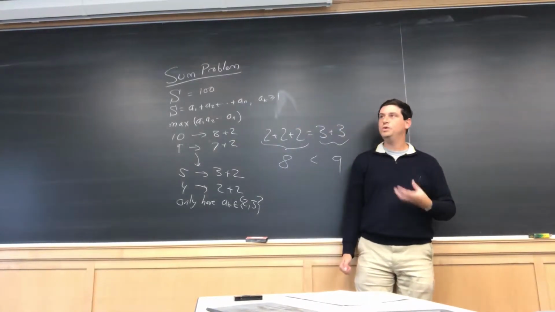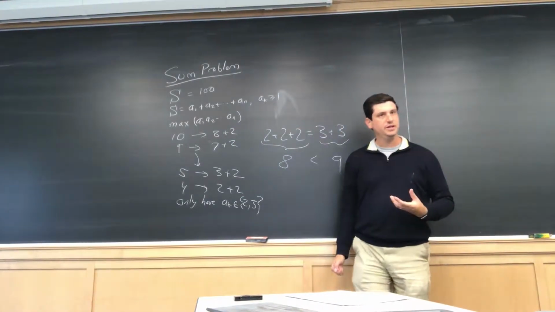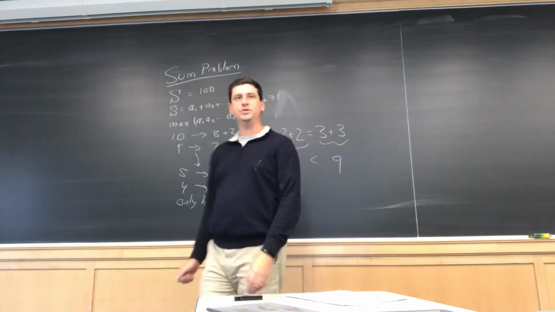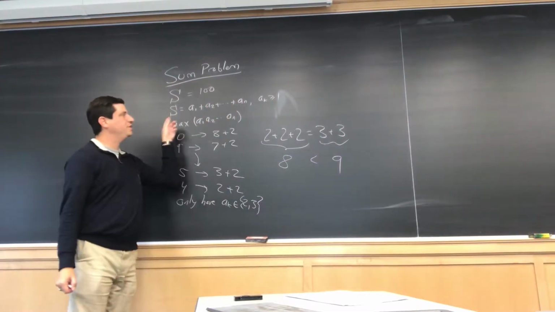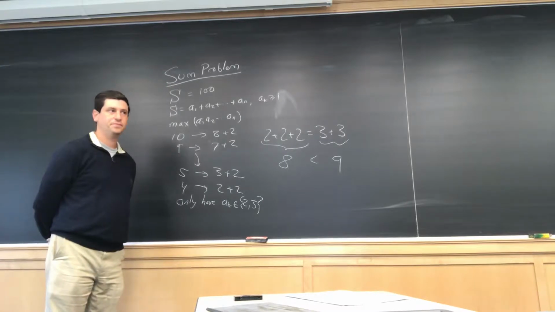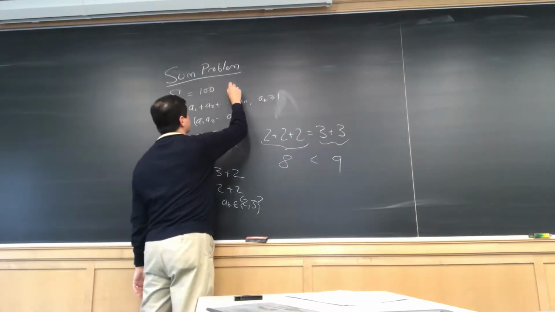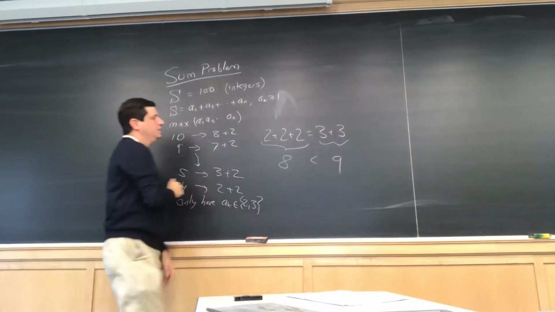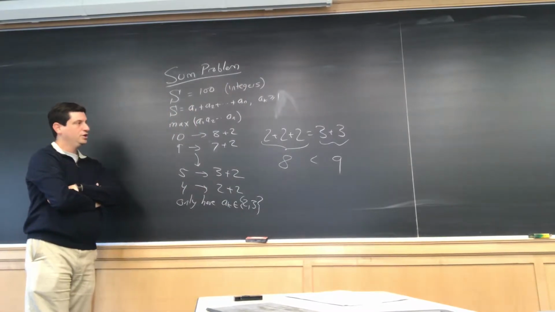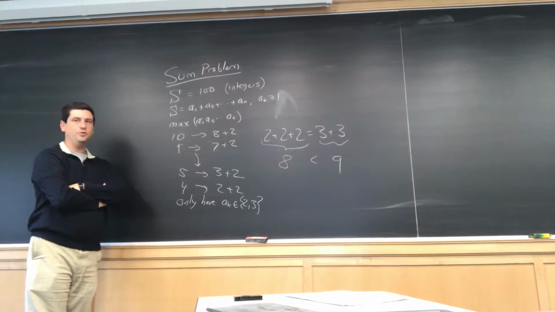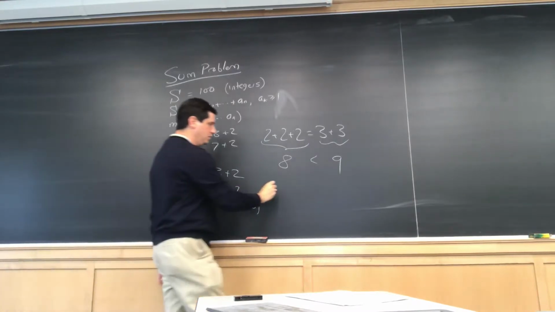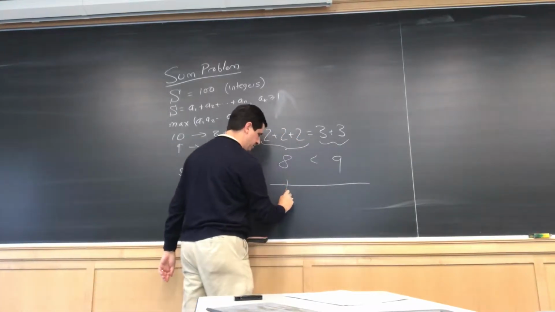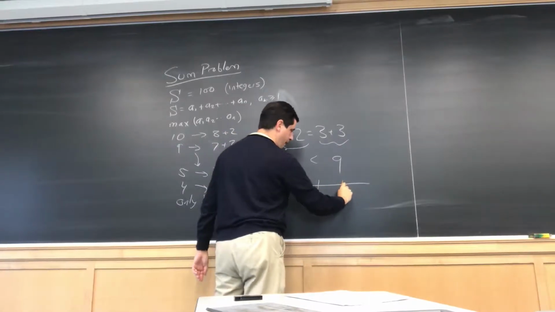We can ask, what would be the best solution in the continuous case, where we no longer have to break it into integers? So here, this is all integers. Now, we are choosing 3 over 2. So I'm going to draw a little bit of the real number line for you. Here's 0, here's 2, here's 3.